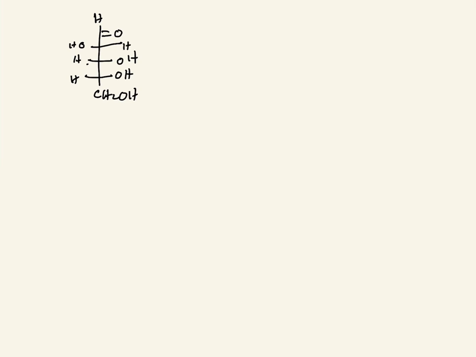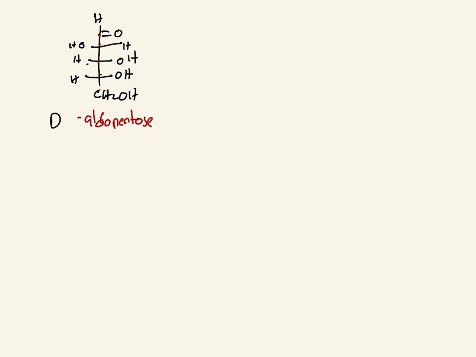We have a D, and then how many carbons is this going to have? It should be 1, 2, 3, 4, 5, right? So it's an aldopentose because of the aldehyde functional group, and a pentose because there are 5 carbons.